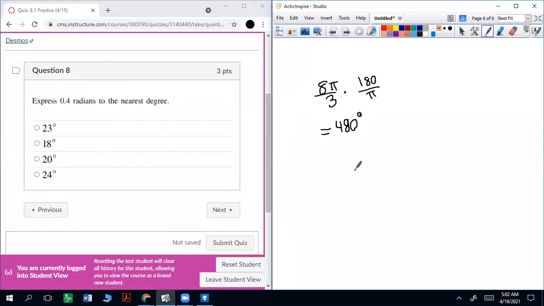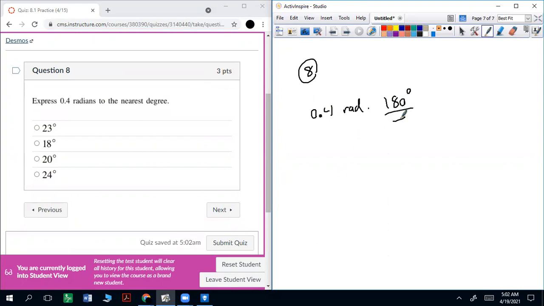All right, question 8. That was 7. Now 0.4. There is no pi, but it's still a radian, so 0.4 radian times 180 degrees over pi. So 0.4 times 180 over pi.